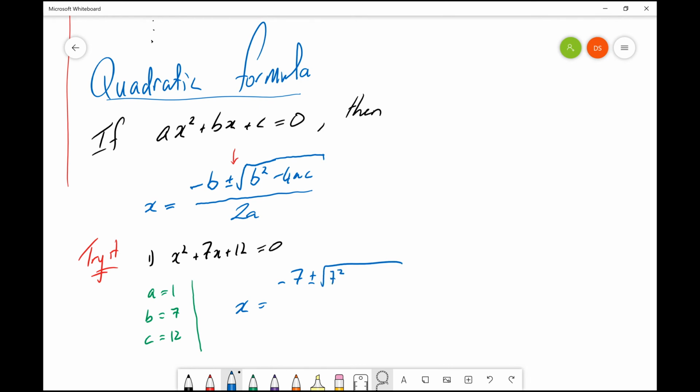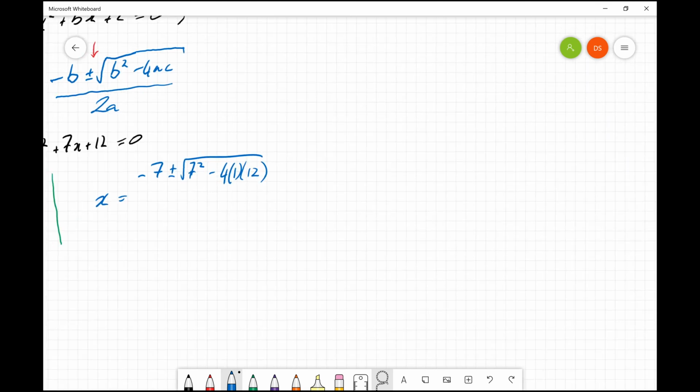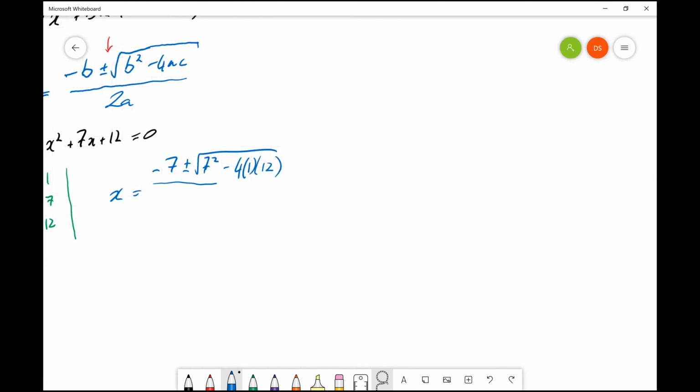Minus 4 times a, which is 1, times c, which is 12. Oh dear Lord, man. My computer has lost it today. All over 2 times a, which is 1. Alright.